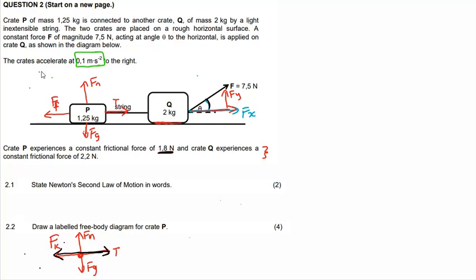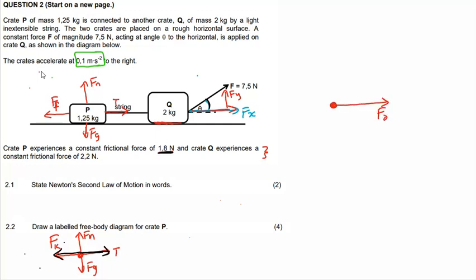Now, it will be easy if we use Newton's second law. Right? So if we use Newton's second law, we'll have to indicate all the forces that are acting on crate Q. Please make sure that you indicate the correct horizontal forces. Remember, we changed the applied force into a horizontal component.